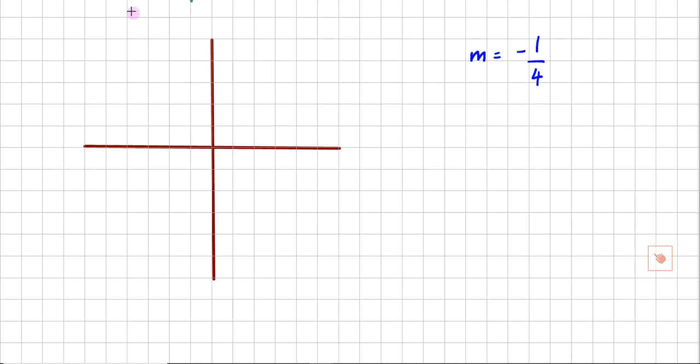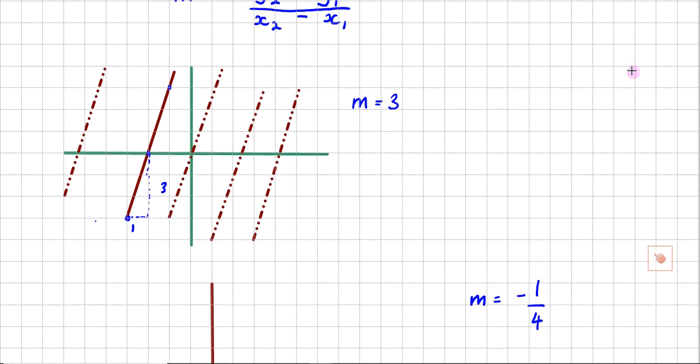Okay, so when the gradient is easy to do, like this one over here, when the gradient is 3, what does that mean? It means that the change in y is 3 and the change in x is 1.